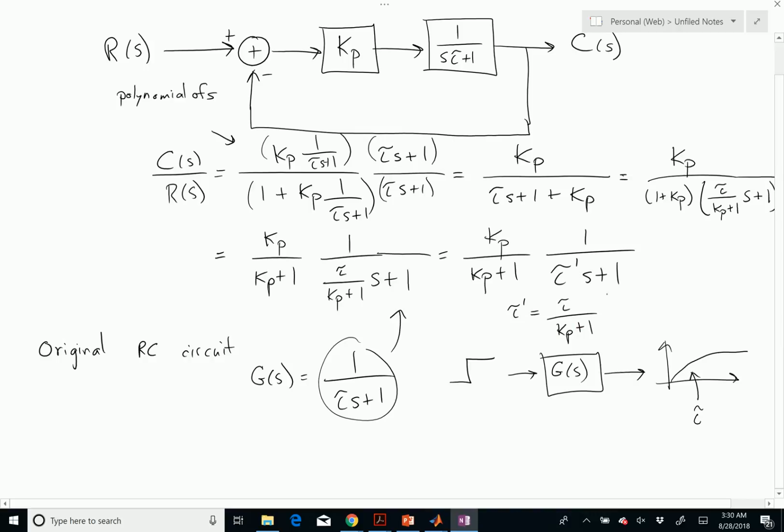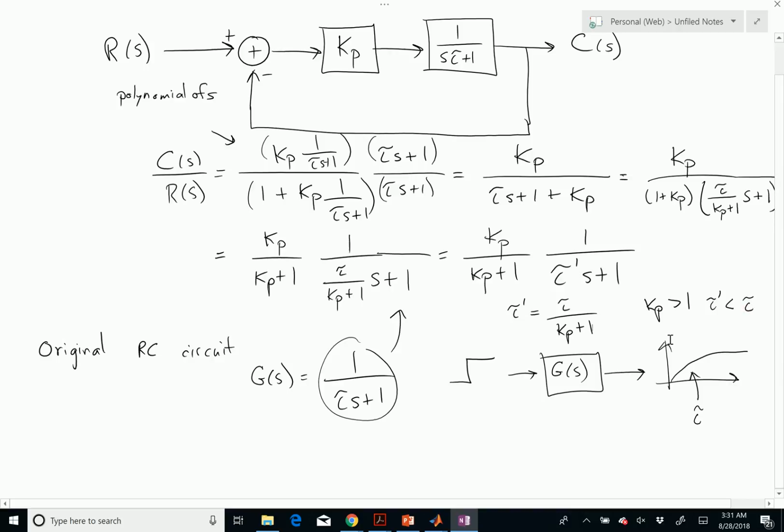Okay. In fact, this guy's time constant, if Kp is bigger than 1, right, then effectively what's going to happen is this guy has a smaller time constant. Okay. So which is typically what we do. So if Kp is greater than 1, in other words, if this guy has a gain block, Kp is greater than 1, tau prime is going to be smaller than tau.